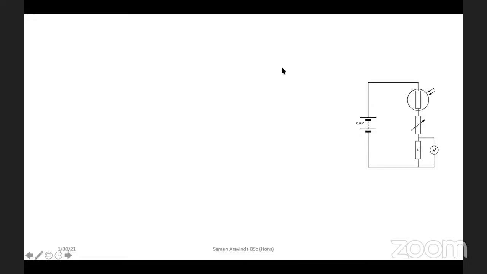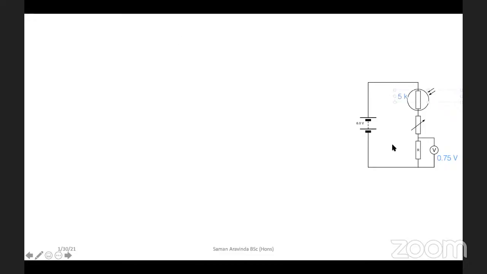Now at a certain application, across R, what is the potential difference? 0.75. I'm just writing the data on the screen. So the potential difference across this is 0.75 volts, and the resistance of the LDR at this intensity is 5 kilo ohms.